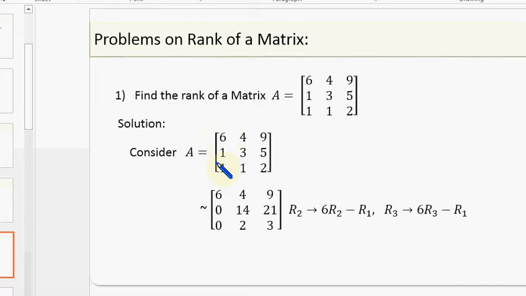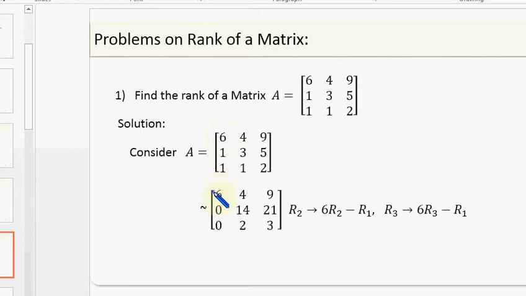So R2 can be written as 6 R2 minus R1, so that 6 minus 6 becomes 0. Similarly, R3 can be written as 6 R3 minus R1, so that it also becomes 0.